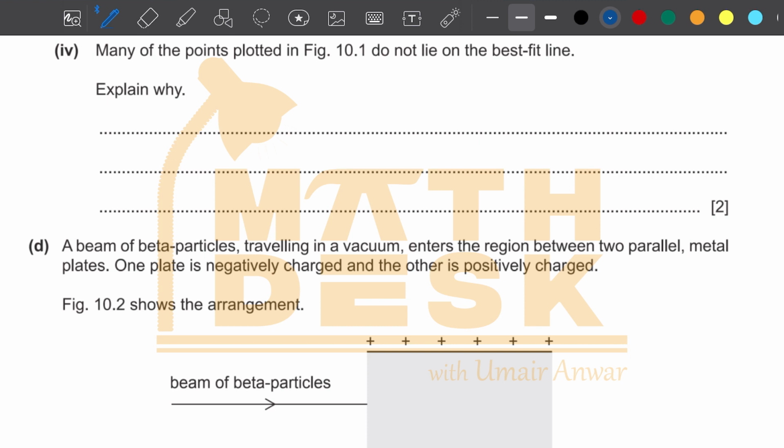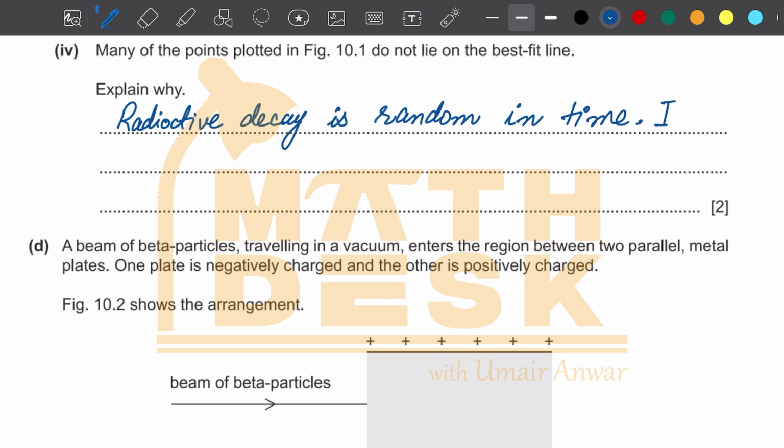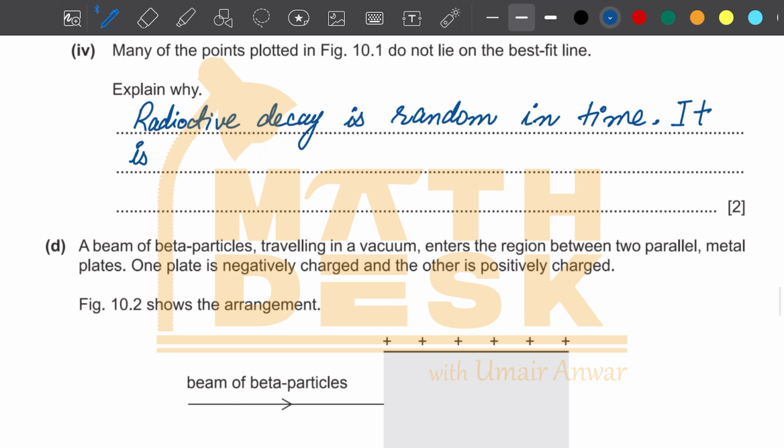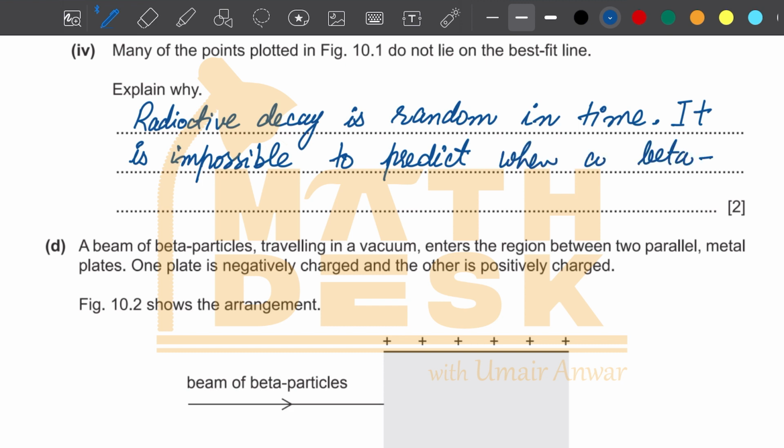The reason is that the radioactive decay is random in time, which means it is impossible to predict when a beta particle would be emitted.